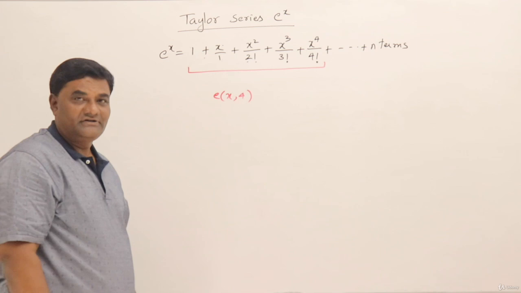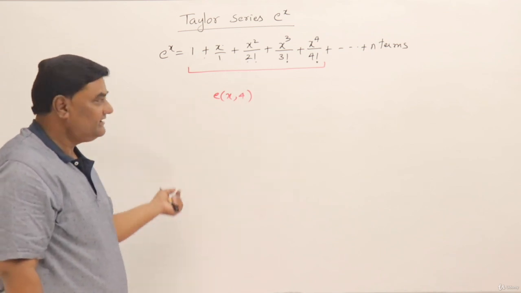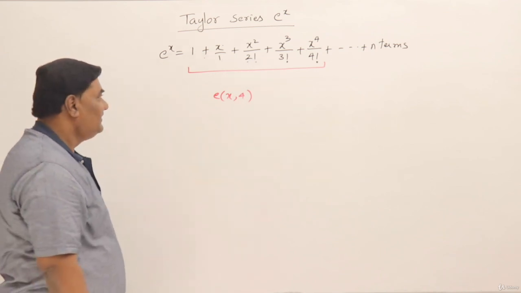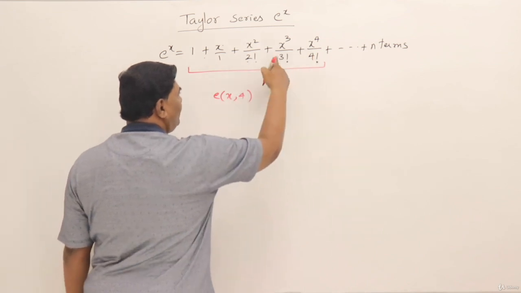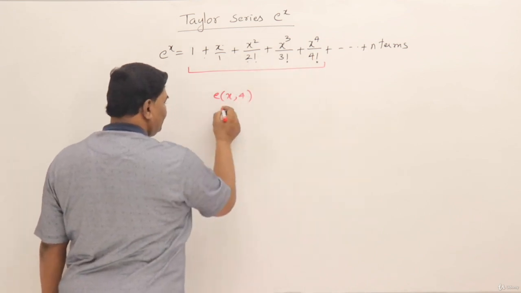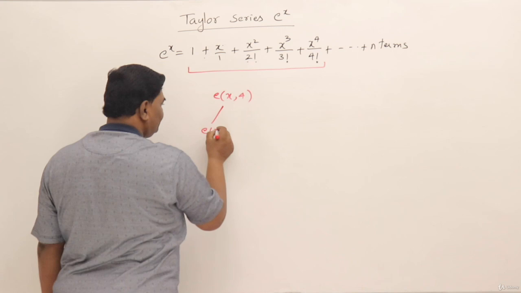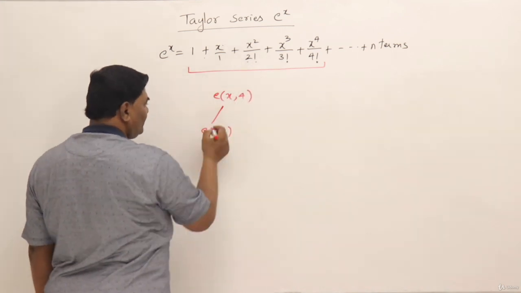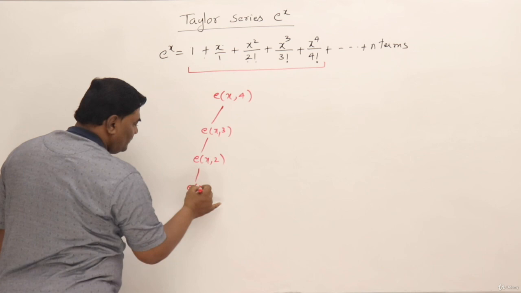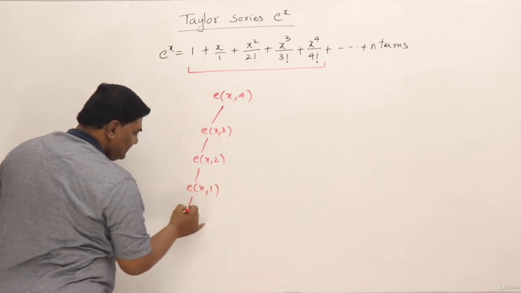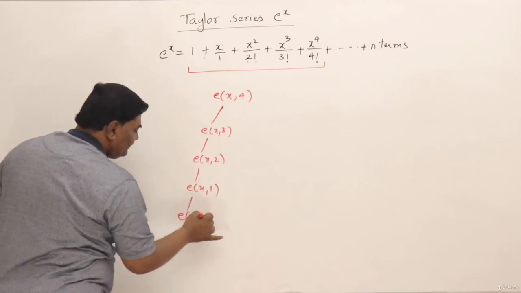I am first doing the tracing, then I will write down the function based on that. When it is x comma 4, it should call itself with 3. Then it should call itself with 2, then 1, then 0.